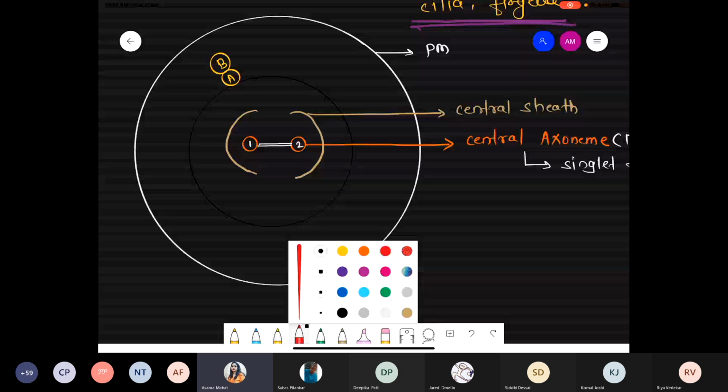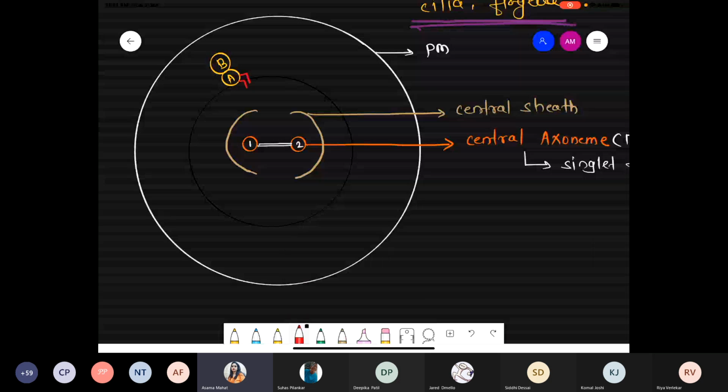So there is a dynein protein. Okay, so quickly draw a total of 9 sets.